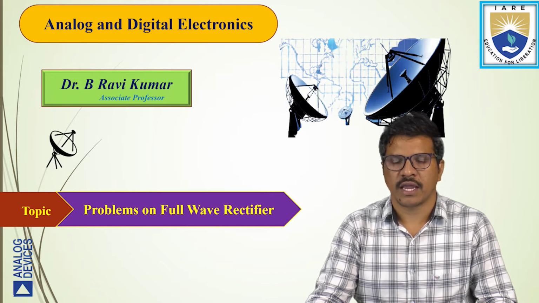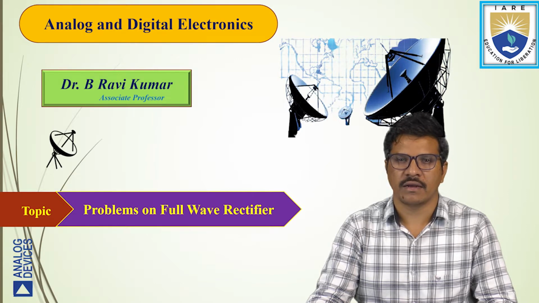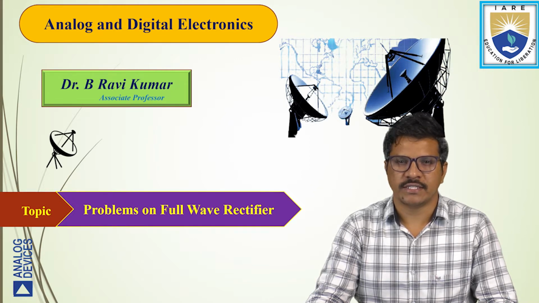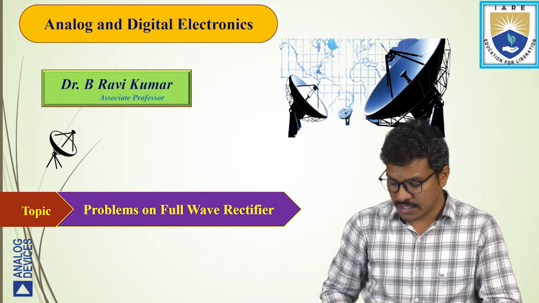Again, we need to find out the characteristic parameters of the full wave rectifier, like DC voltage and RMS voltage, ripple factor, efficiency, peak inverse voltage, and the output frequency of the full wave rectified output, all those things.